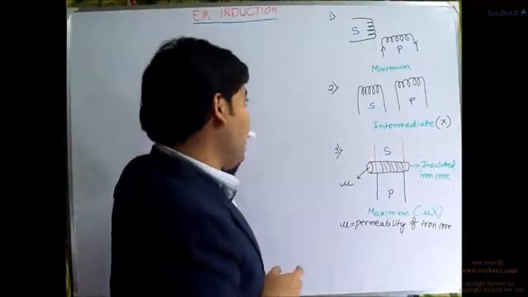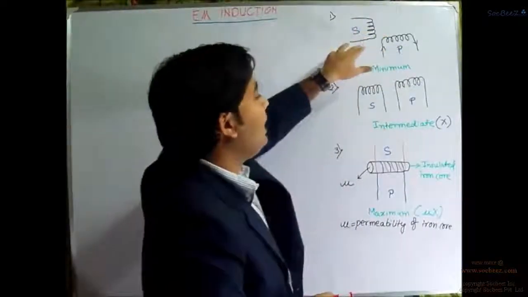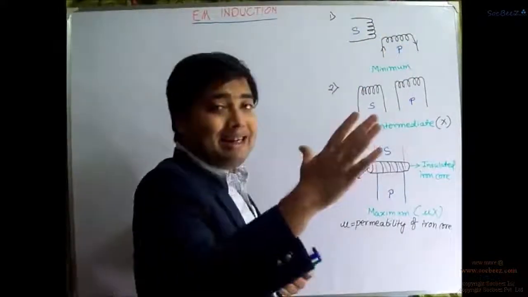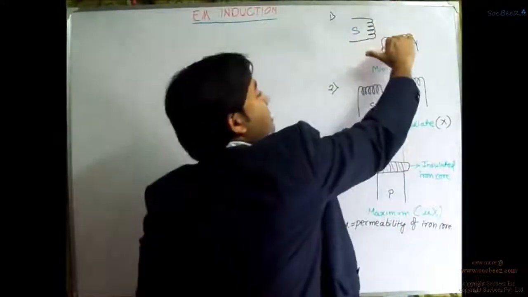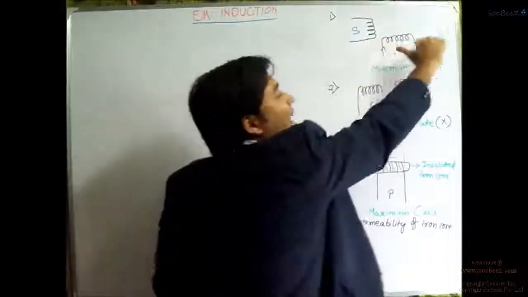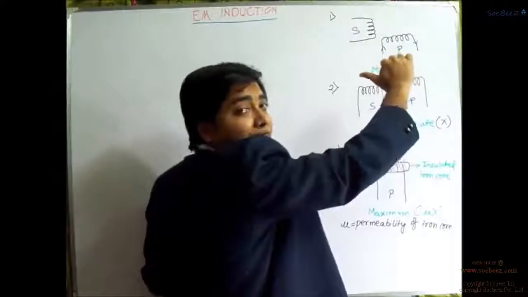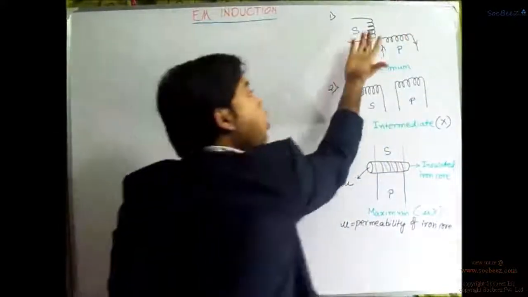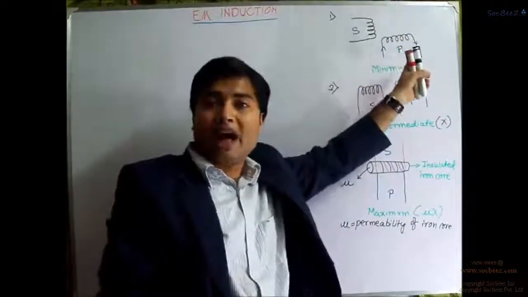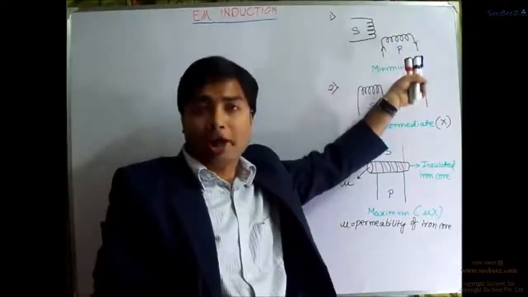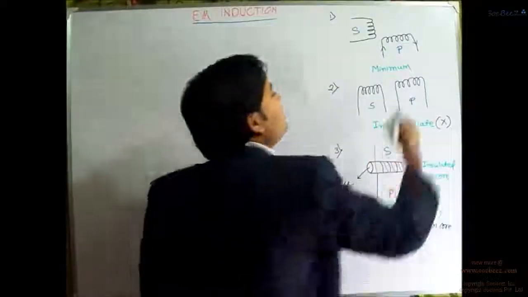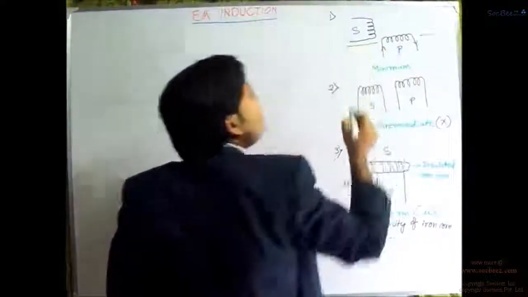If we take the current as per the twist of our right hand fingers, we will see that the magnetic field will be either in this direction or in this direction, depending upon the direction of flow of the current in the primary coil. So either this B will go on this side or on this side.